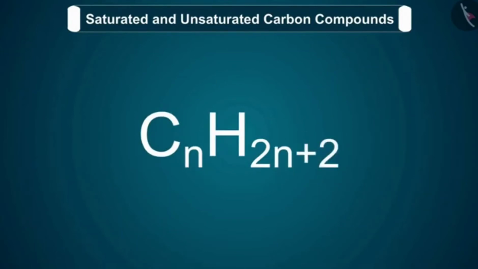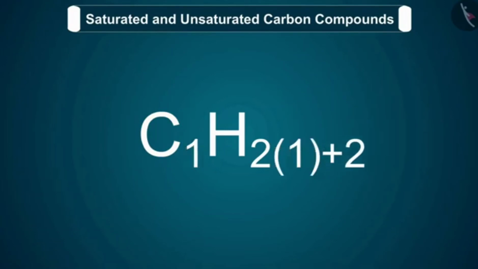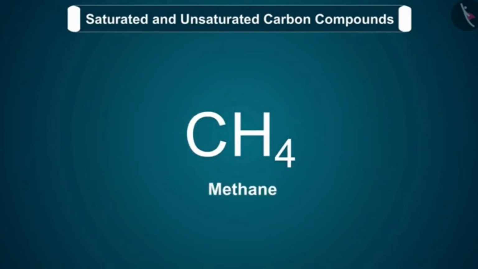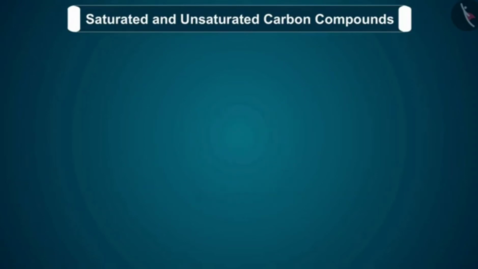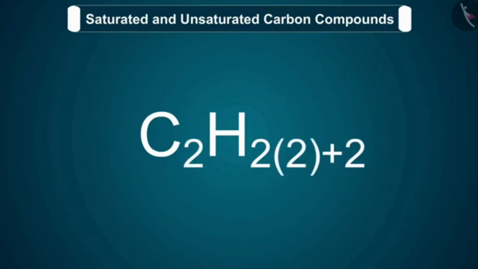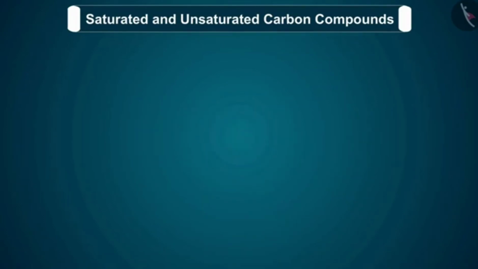If an alkane has one carbon atom in its molecule, then n equals 1, and its molecular formula according to the general formula becomes CH4, which we call methane. 2. Similarly, if we take n equal to 2, we get ethane.